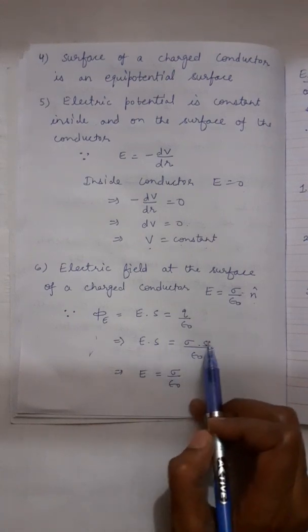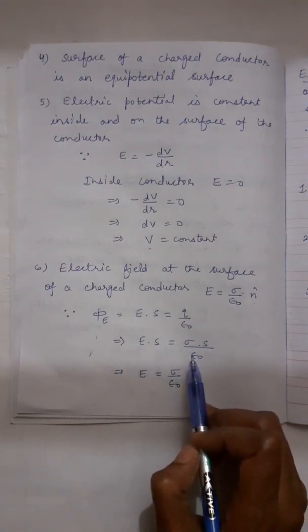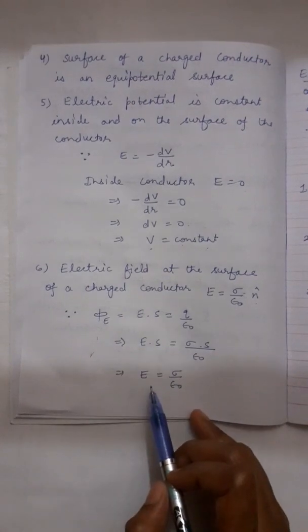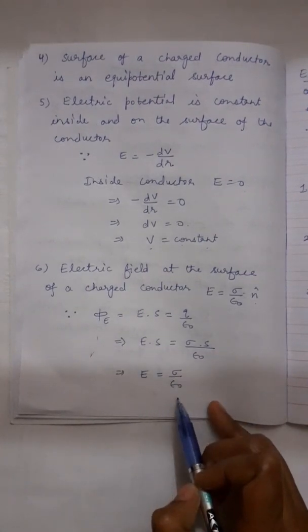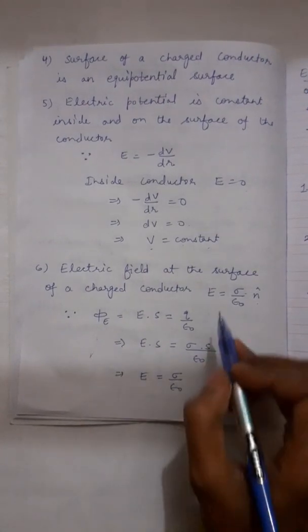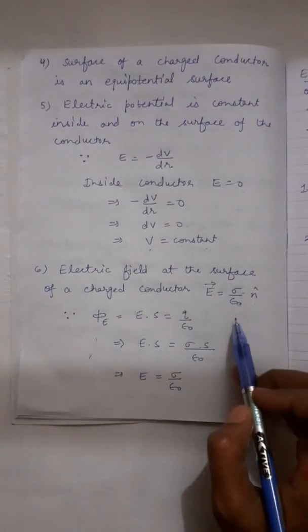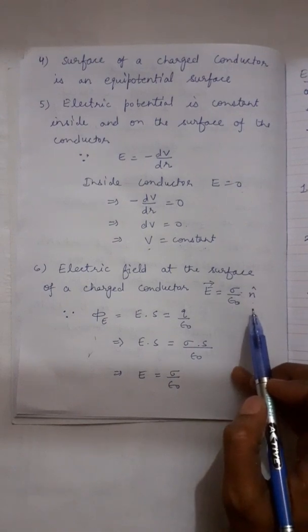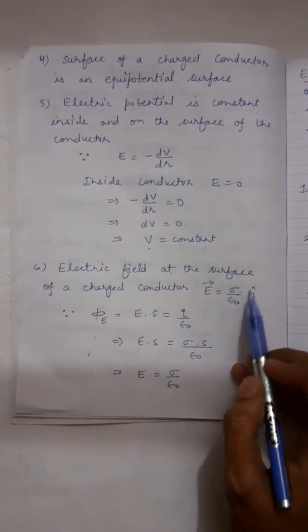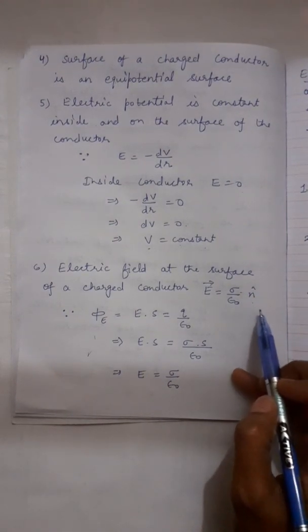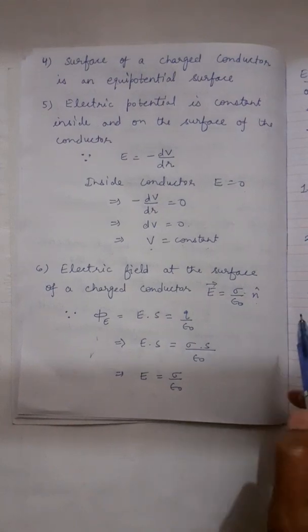So S will cancel out on both sides, and we will get E is equal to sigma upon epsilon naught. In the form of a vector, it will be E equal to sigma upon epsilon naught n cap, meaning the unit vector in the direction normal to the surface.